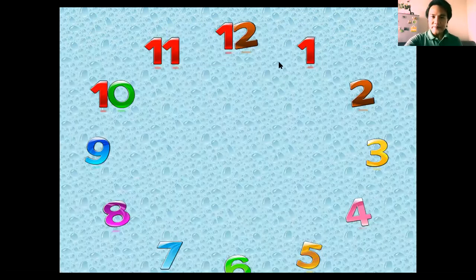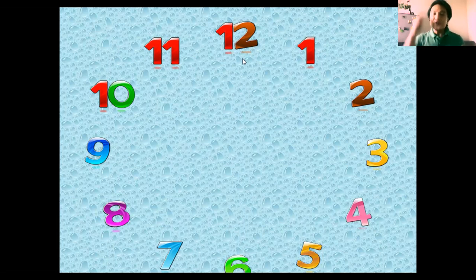Now let us repeat the numbers again. What is this number? 1, next. 2, next. 3, next. 4, next. 5, next. 6, next. 7, next. 8, next. 9, next. 10, next. 11, and the last one, 12.